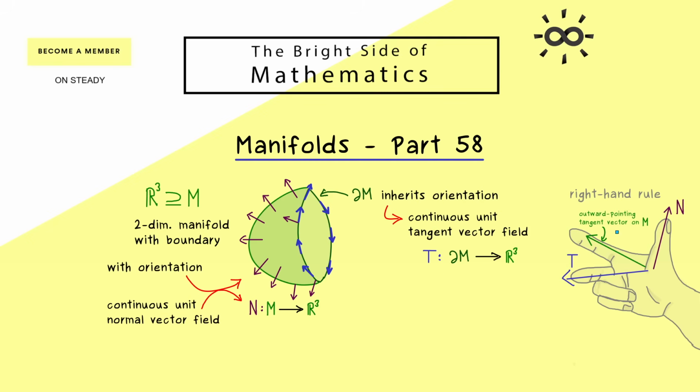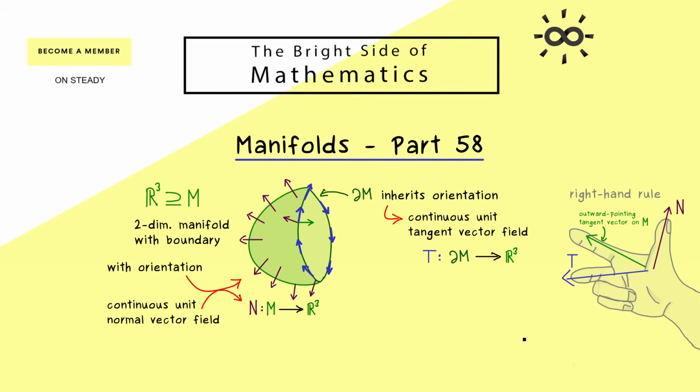So here you should know, outward pointing tangent vector on M means that we have a tangent vector that comes from the surface M but then goes to the outside world. So for example, at this point here, we would have a tangent vector that goes in this direction. So you see, by having these two vectors, we can find the direction of the tangent vector on the boundary.